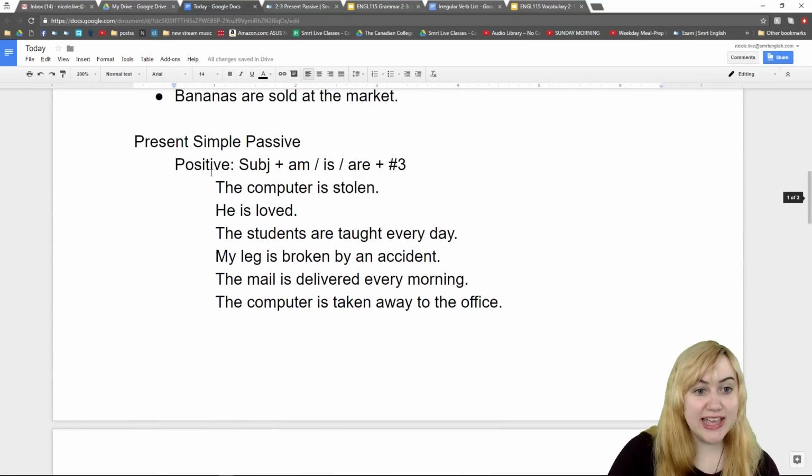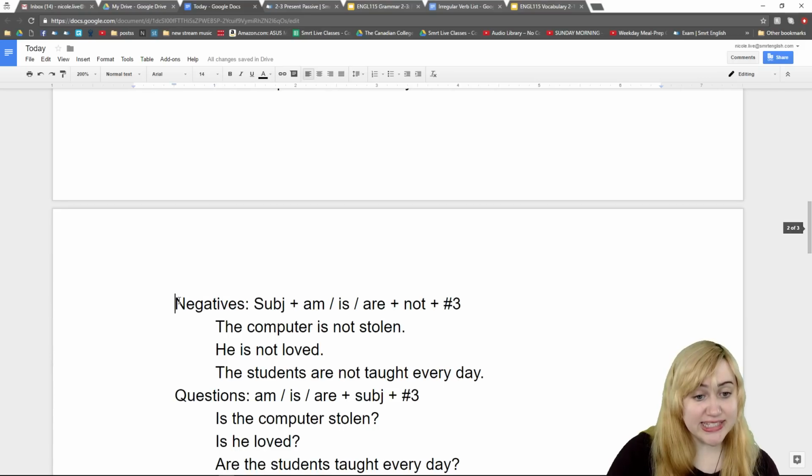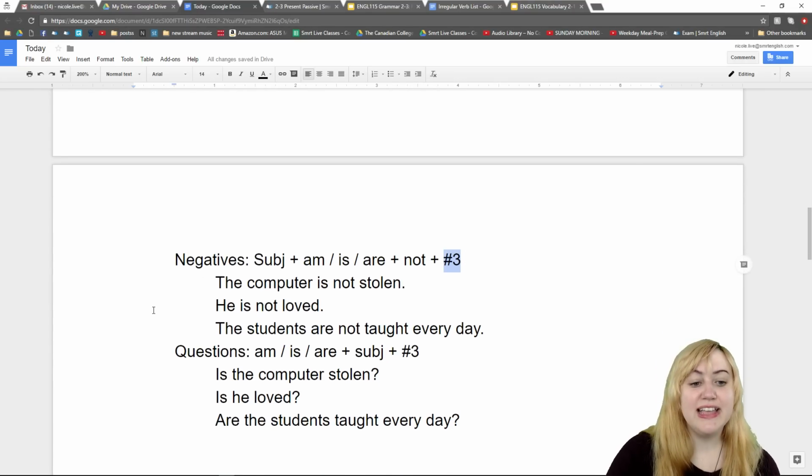So here, again, we have positive with subject, am, is, are, and verb 3. And then negative with subject, am, is, are, not, and verb 3. And then question, we have am, is, are, subject, verb 3.